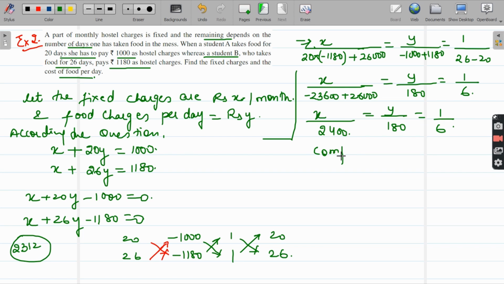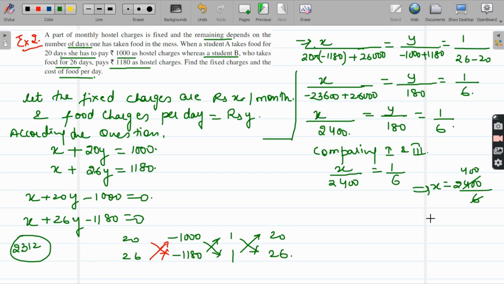Now comparing 1 and 3, we'll get x upon 2400 is equal to 1 by 6, which implies x is equal to 2400 upon 6, which I'll cancel and I'll get 400. So x equal to 400 are the fixed charges we have.